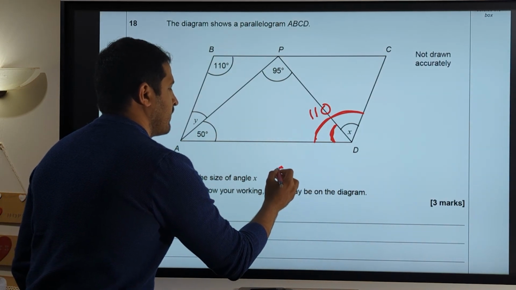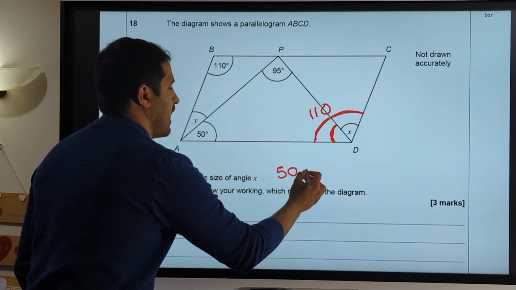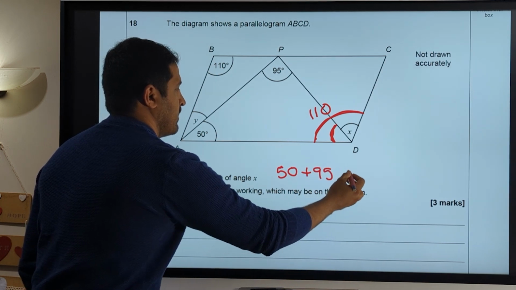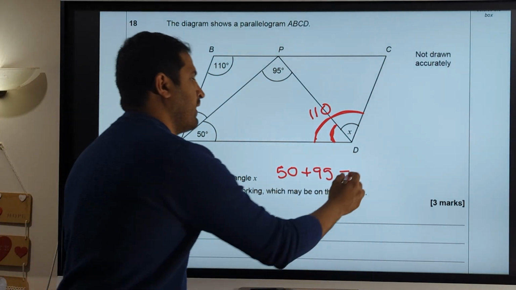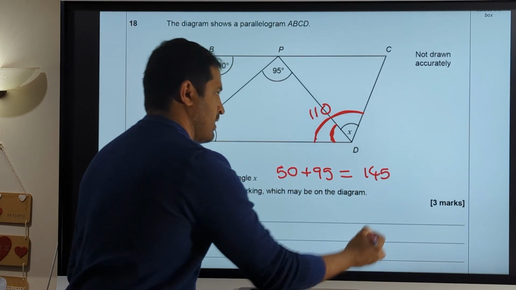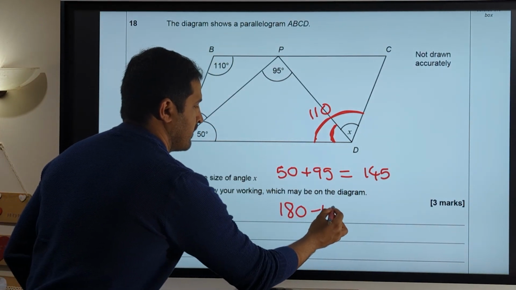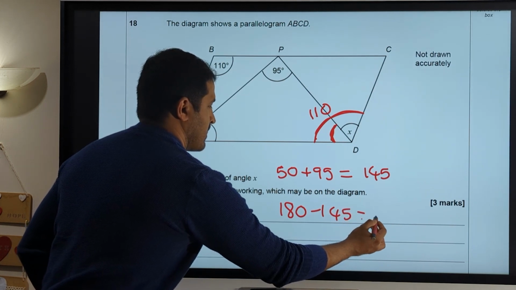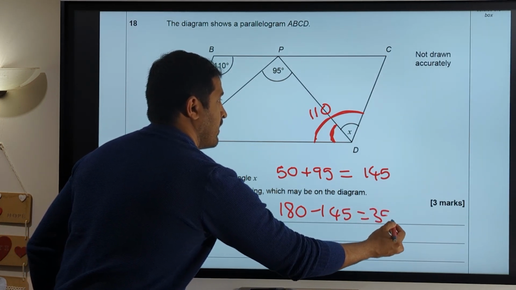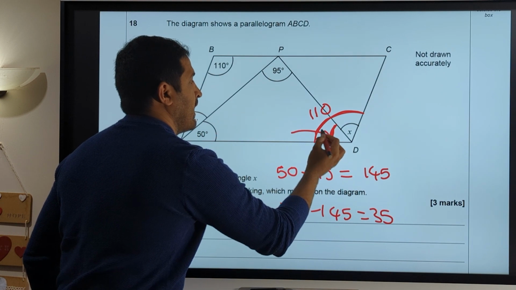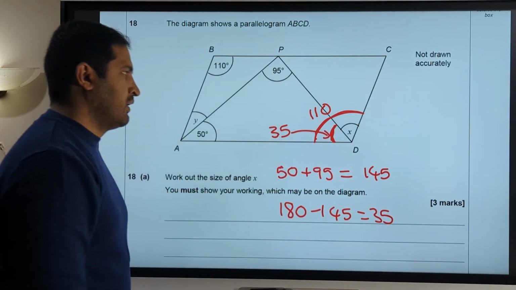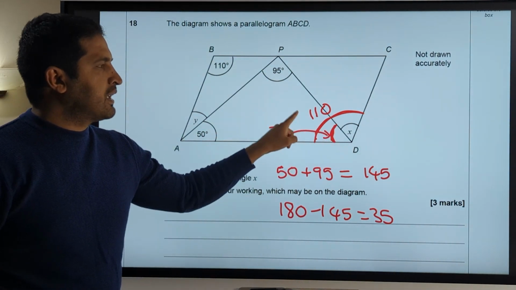So we say 50 add 95, which gives me 145. And then you take the 145 away from 180. That gives me 35. So we know that angle there is 35. And then 35 plus x gives you 110.